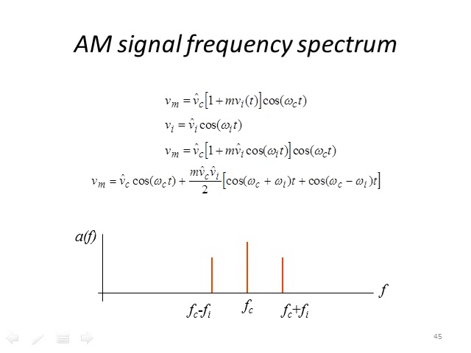The AM signal frequency spectrum. So if we transform this into the Fourier domain, then what do we have? We have our signal at FC, and then you can also see that we have lobes.